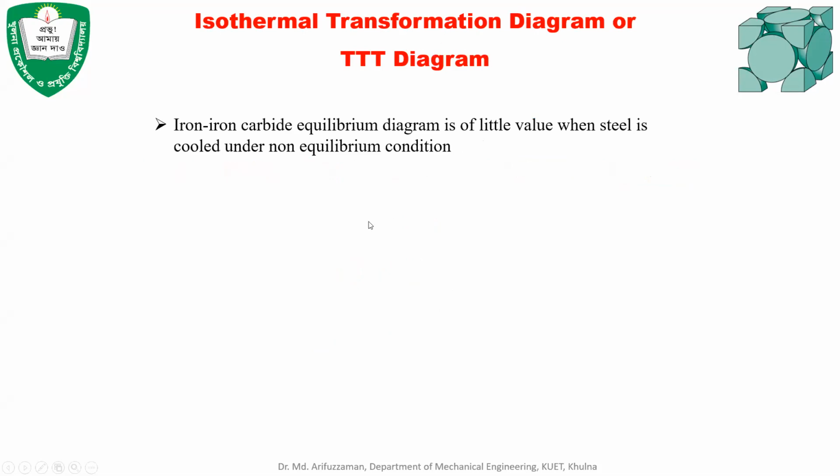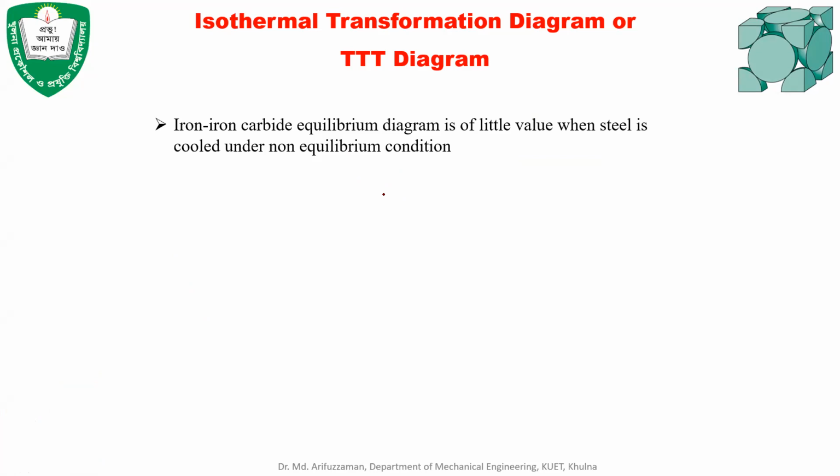Okay. So what is the basis for the development of the IT diagram? The basis is that the iron carbide equilibrium diagram is not applicable when slow cooling is not conducted. If slow cooling is not conducted, then the iron carbide diagram will not give you the proper prediction of the final product.